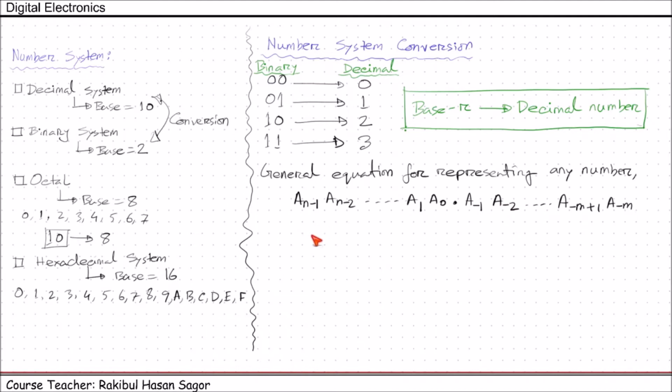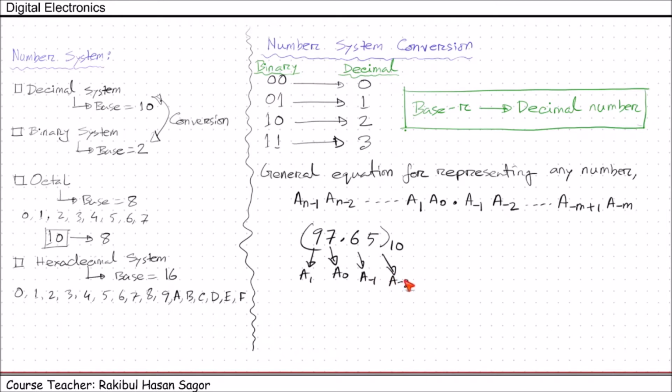For example, if we have a number 97.65, and this is a decimal number, here this is our a0, this is a1. We have values up to a1, and this is a minus 1, and this is a minus 2.